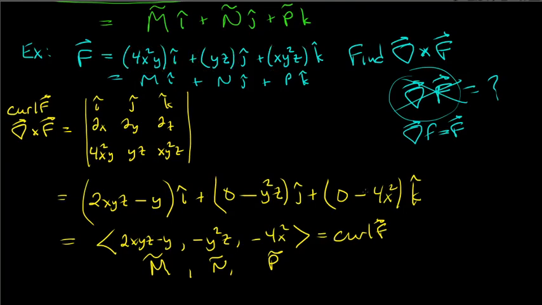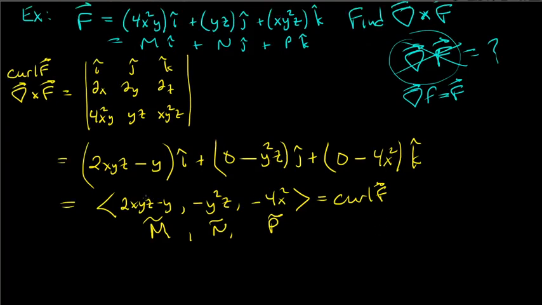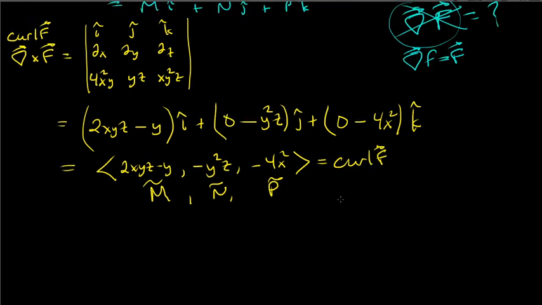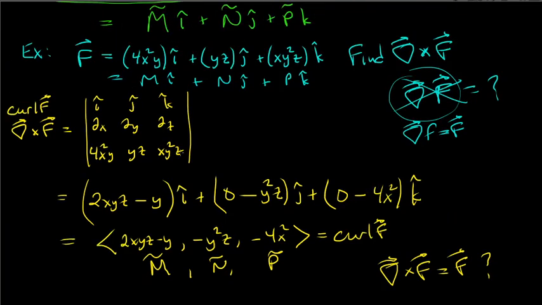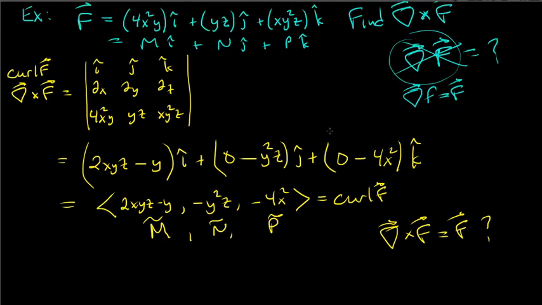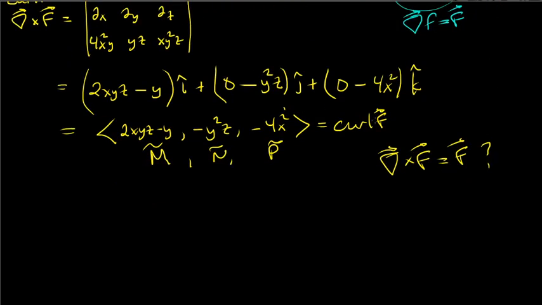So when you take the curl of a vector field, you're not going to get the same vector field. Or are you? I guess that's a good question. Is there a vector field whose curl is itself? Can you get the same M, N, and P? Obviously not in this example, but there might be a vector field whose curl is itself.